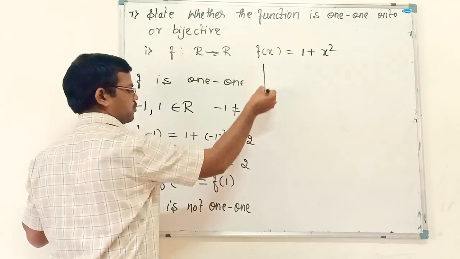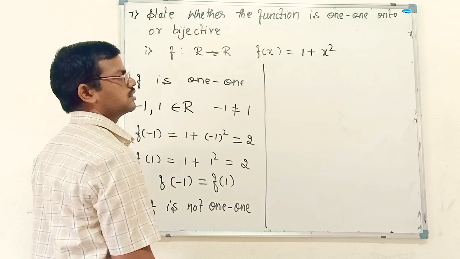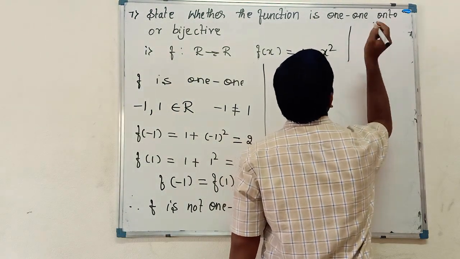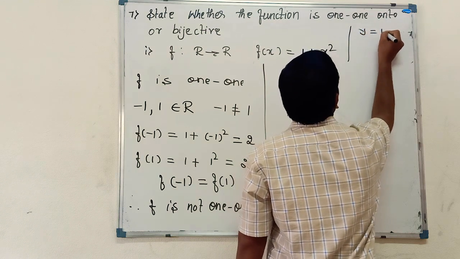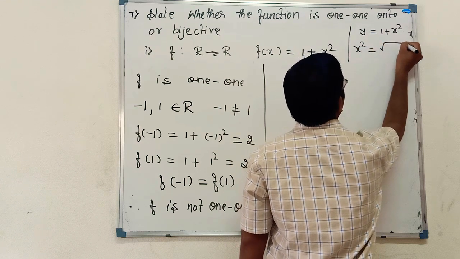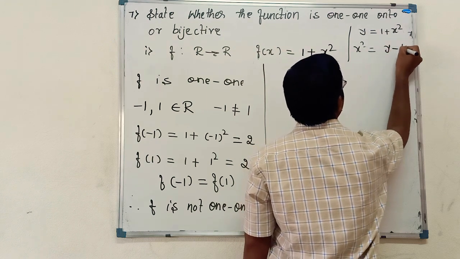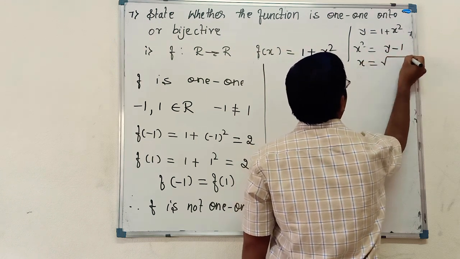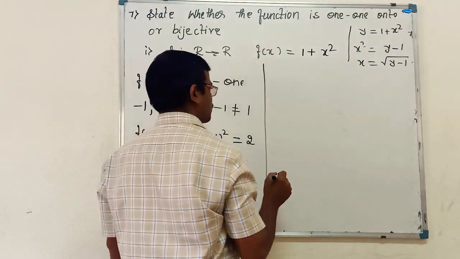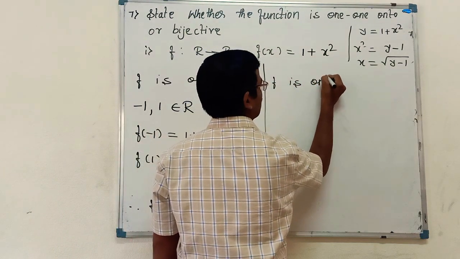So next, for onto, we know what we have to do. For onto, we have to convert x in terms of y. So y is equal to 1 plus x squared. So x squared is equal to y minus 1. X is equal to square root of y minus 1. Let f be onto.